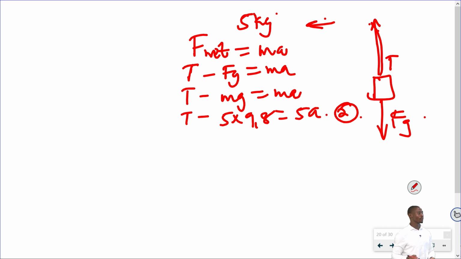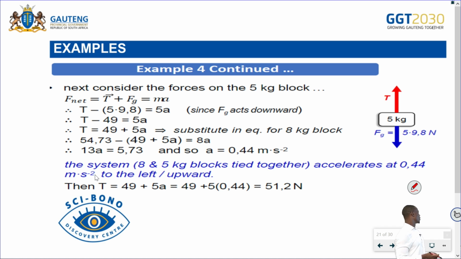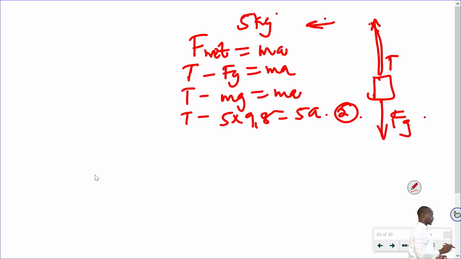Then from there, what is it that you need to do? Is to eliminate, because they're looking for tension, so you can eliminate tension. So how are you going to eliminate tension? So this is how you can eliminate tension. So you have your equation for your first object.